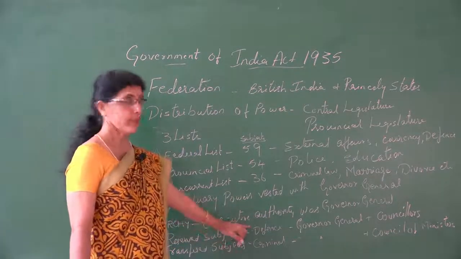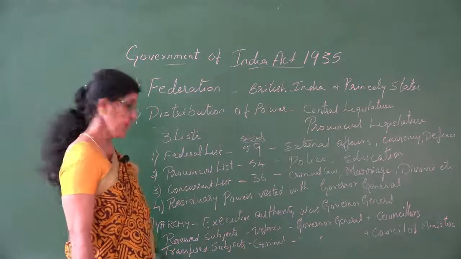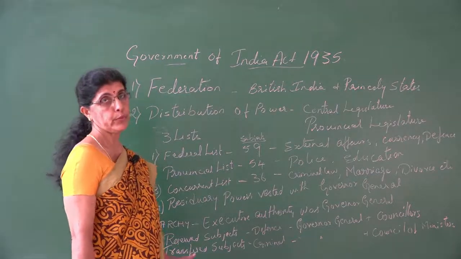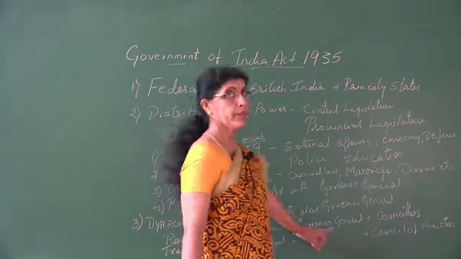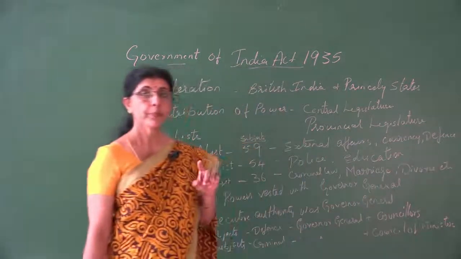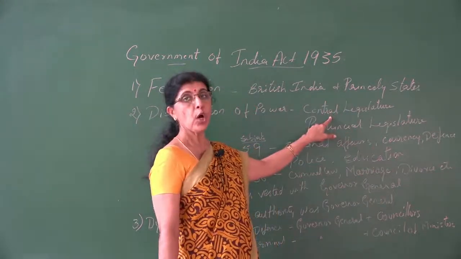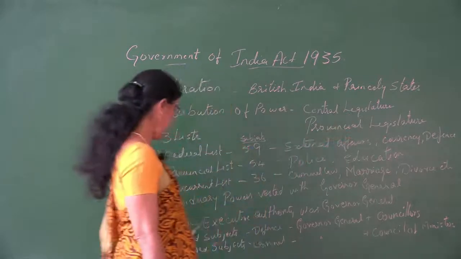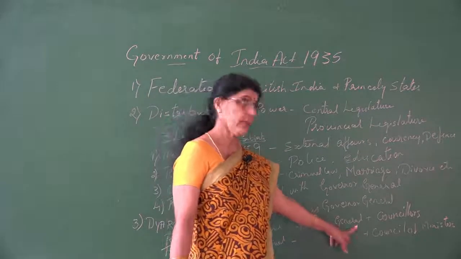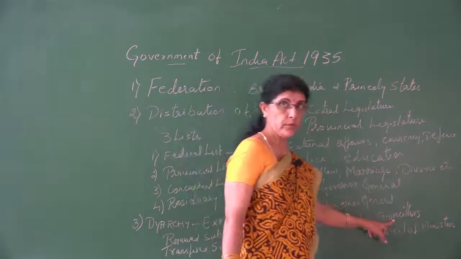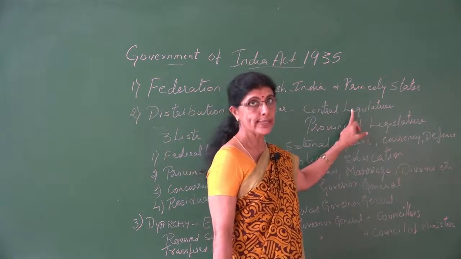Diarchy meaning executive authority will be with the Governor General, and there will be two types of subjects: reserved and transferred. The reserved subjects, the Governor General will deal with them with the help of the councillors, and these councillors are not answerable to the central legislature. I repeat, the reserved subjects will be handled by the Governor General with the help of the councillors, but these councillors are not answerable to the legislature.